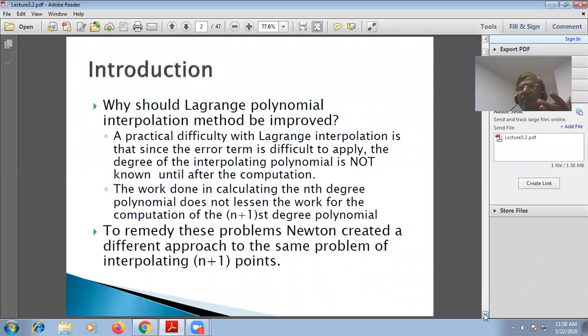What is the reason? Why should Lagrange's polynomial interpolation method be improved? There is a Lagrange's polynomial interpolation method, but that needs some improvement.